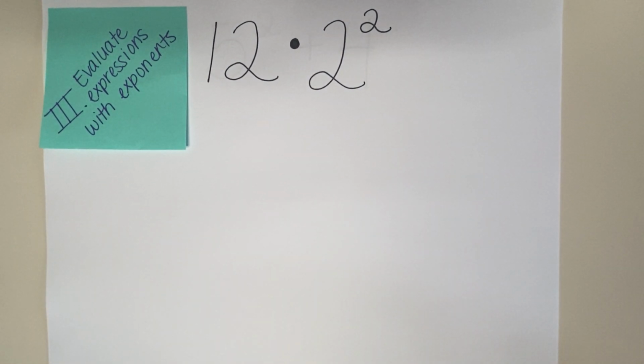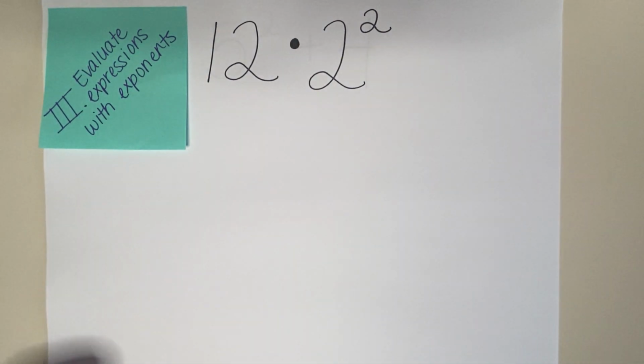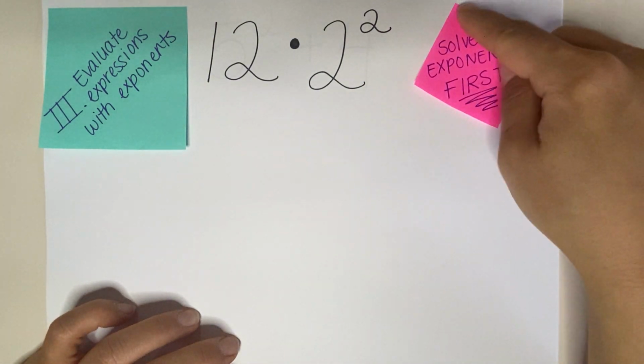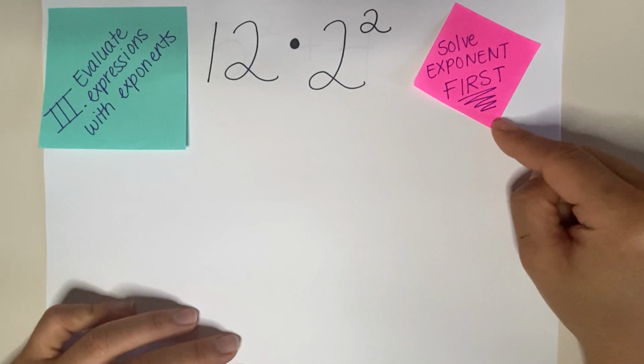There's a couple different ways you could solve it, but there's one correct way. So when you have expressions written like this, the key is solve the exponent first. And I'm going to show you why.